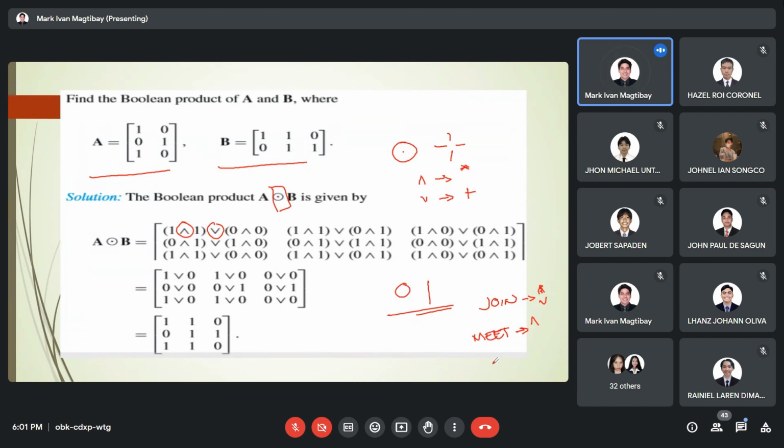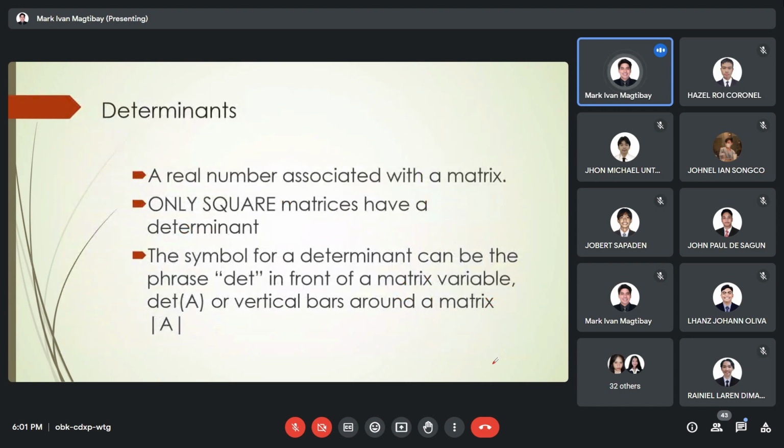Okay? Ano ba yung sunod nito? Determinants na pala. So, tayo naman po sa determinants. So, parang last part na to ng ating discussion. So, sa determinants po natin, we had multiple ways on how we could identify which are the determinants na makukuha po natin per matrix. That the real number associated with the matrix is called the determinant.